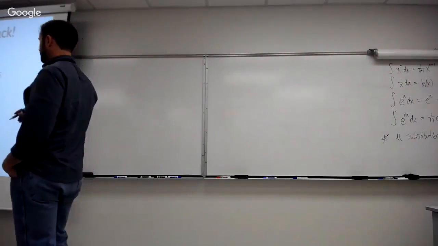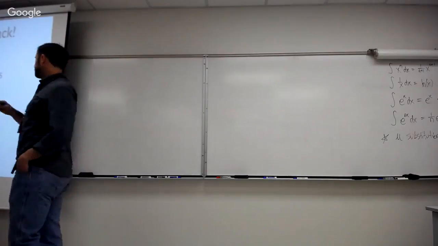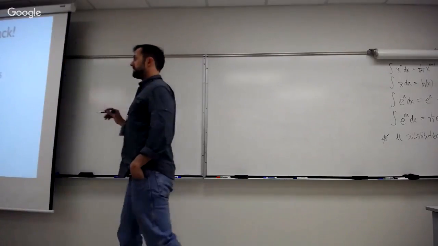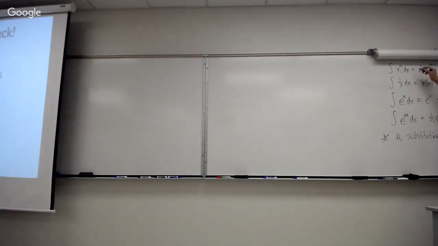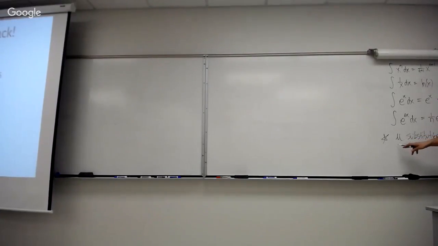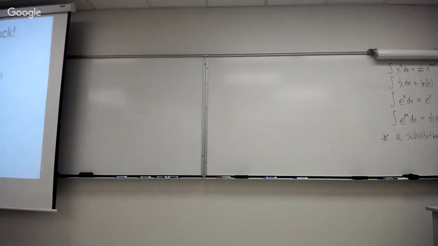To motivate the u substitution again, we can't really do much with these first 4. There's a whole lot of other formulas out there we'd like to integrate. So u substitution is a way to translate other looking integrals into one of these 4. So that's why u substitution exists.